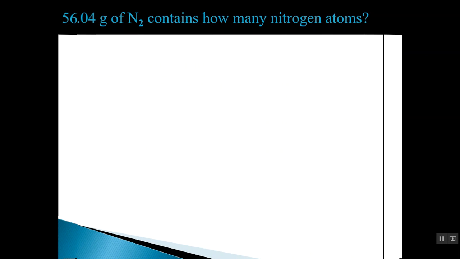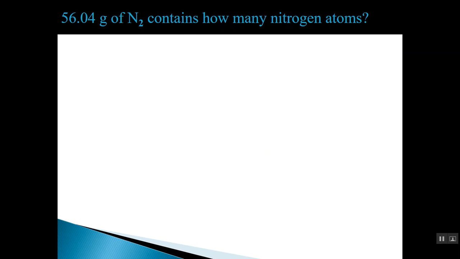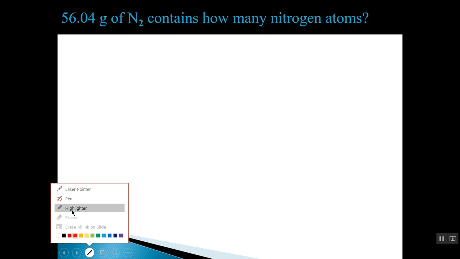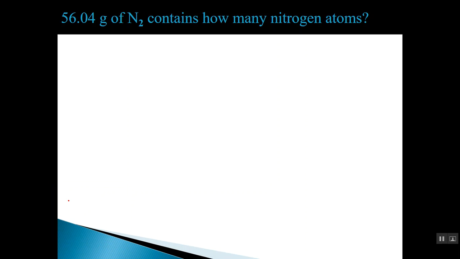Okay, so that's another example. So here's another one. How many nitrogen atoms are contained in that mass of nitrogen? Now to solve this, we could start off from the result of the previous question, where we determined the number of nitrogen molecules.